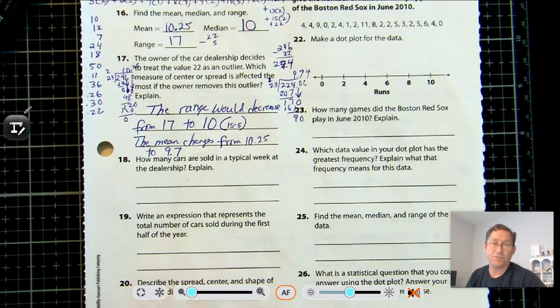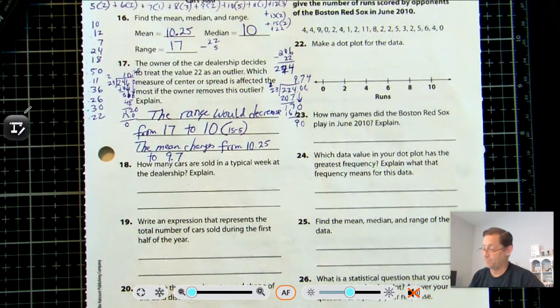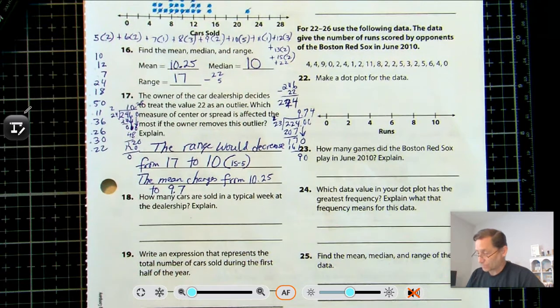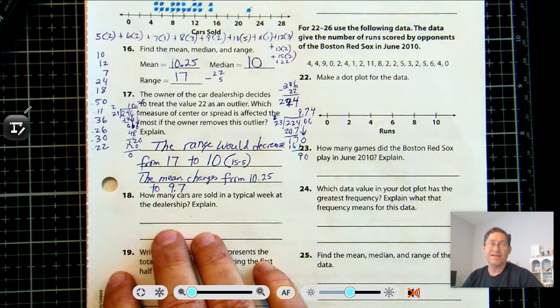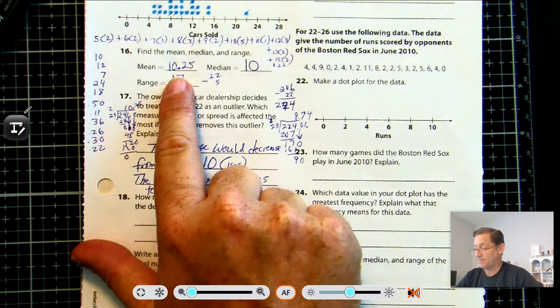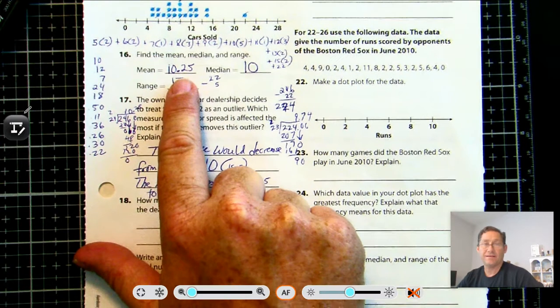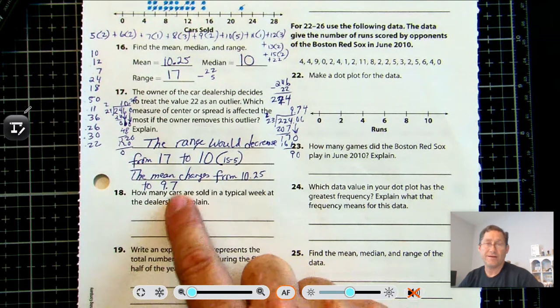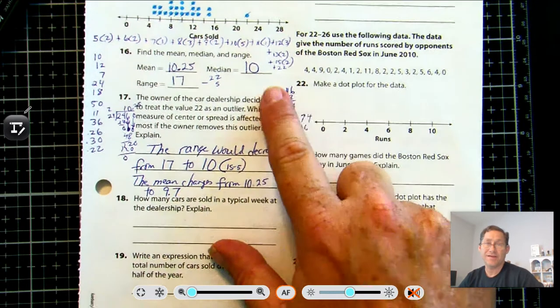18. How many cars are sold in a typical week at the dealership? So in that case, we want to look at the median and the mean, right? We see that the mean was 10 and 25 hundredths, or without the outlier, 9.7, and the median was 10.